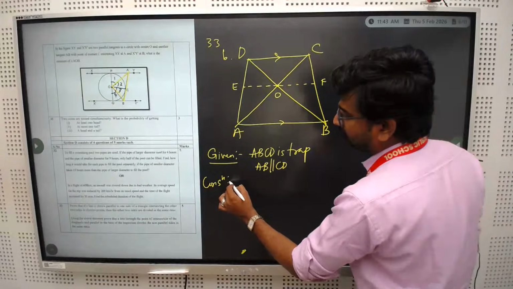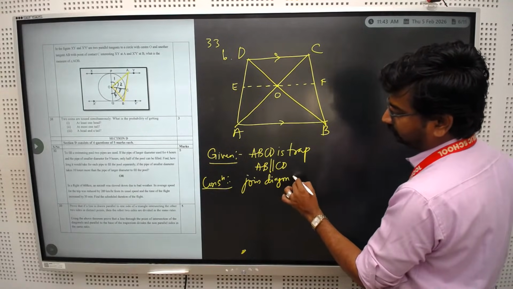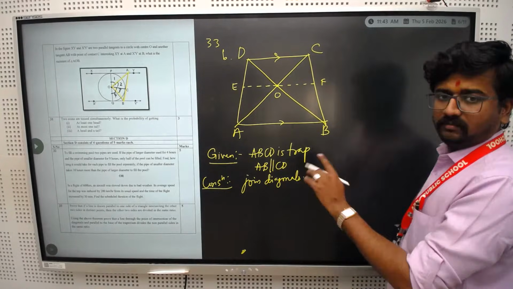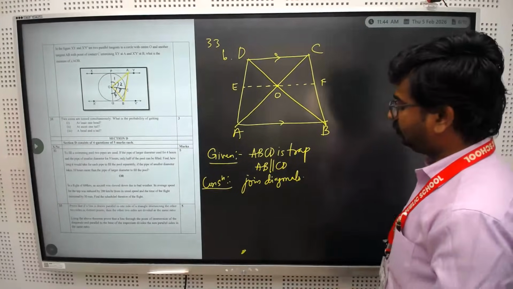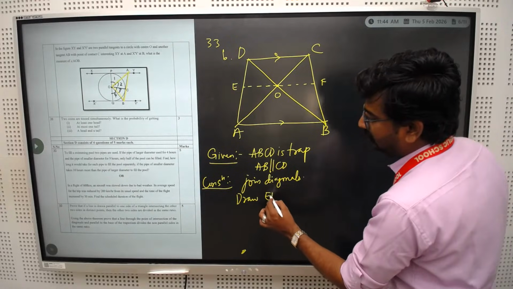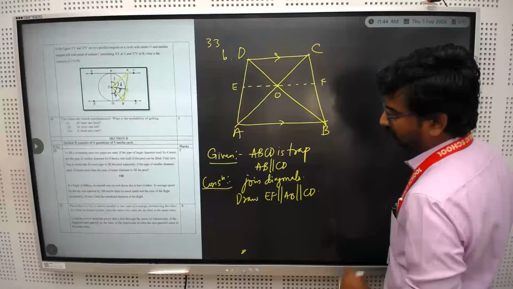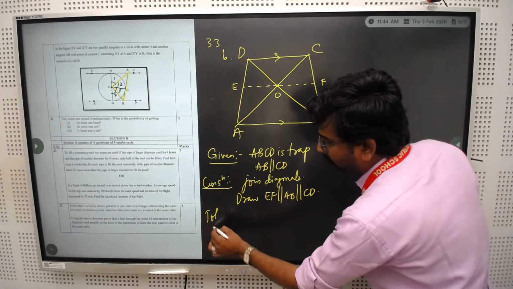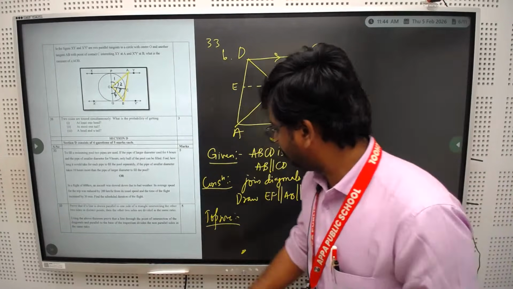Construction: join the diagonals. This is, I think, minimum 2 marks, that means theorem only for 3 marks. Join diagonals, draw EF parallel to AB, parallel to CD. Then what should I prove?